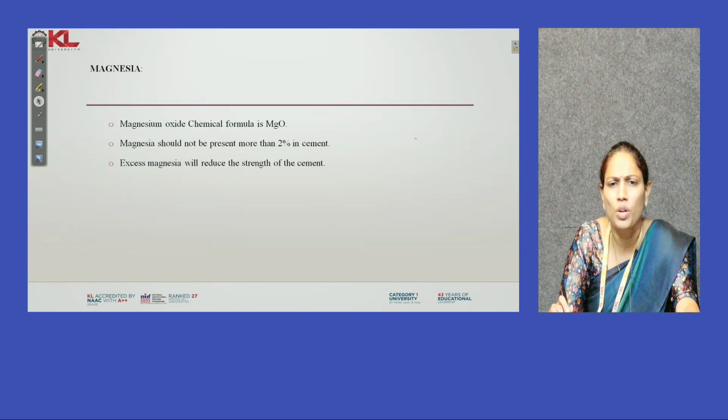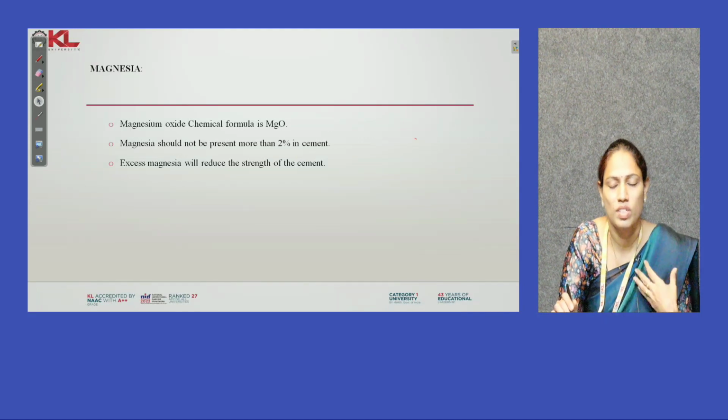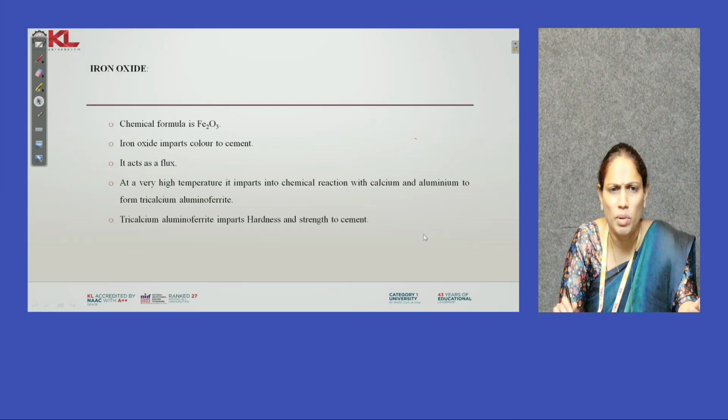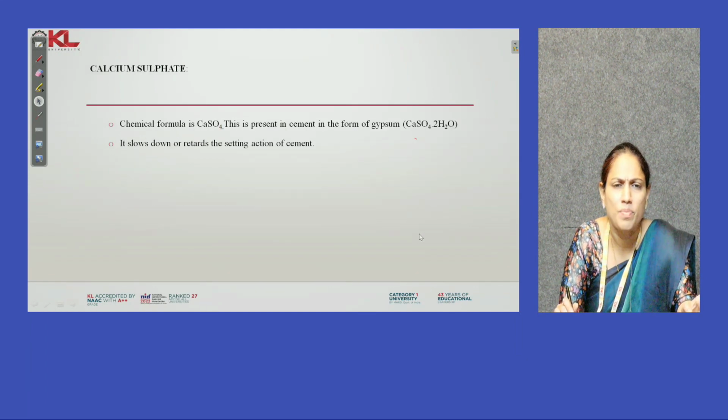Magnesia should not be present more than 2%. Since it is very little when you take the components of the cement, it is like 1. It should not be greater than 2%, which reduces the strength of the cement. The main aim of the cement components is to increase the strength. Iron oxide acts as a flux, which bonds with the aggregate or any material used in the concrete.